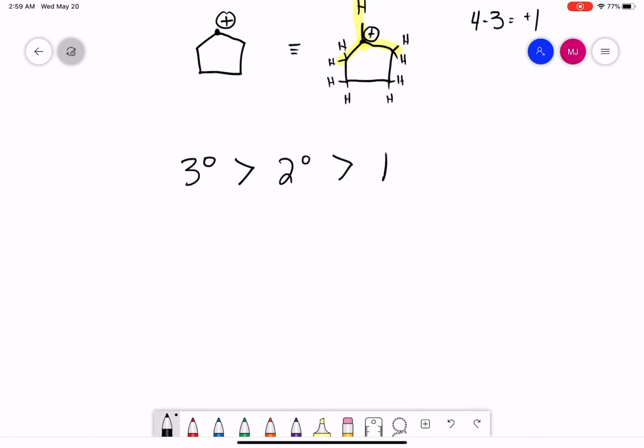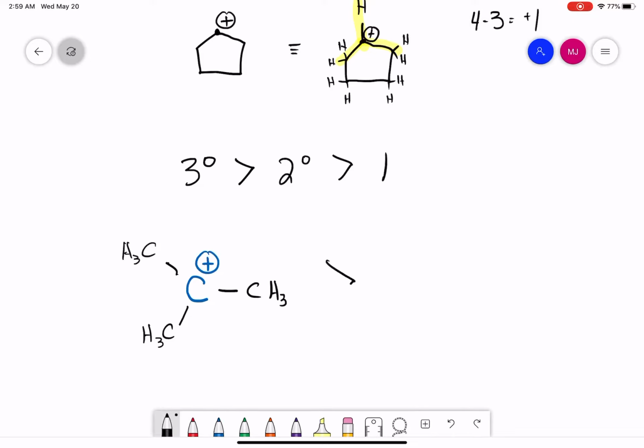So if I draw this carbon in blue, and that is attached to 3 other carbons, so that can be methyl groups, that could be ethyl groups, whatever. 3 carbons, that's a tertiary carbocation.